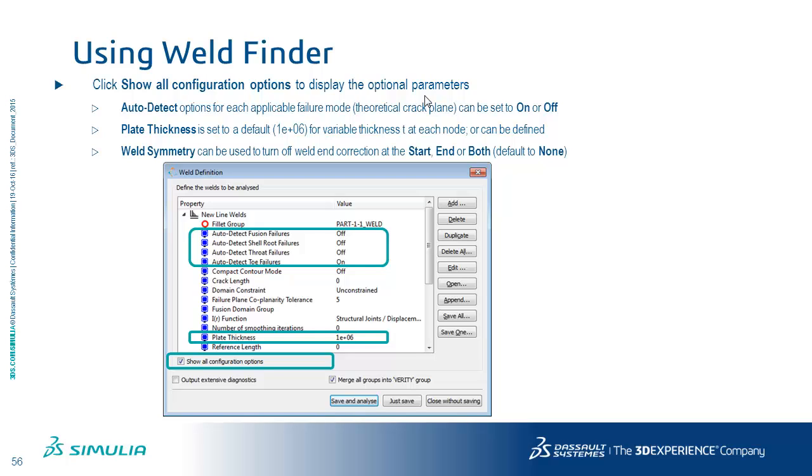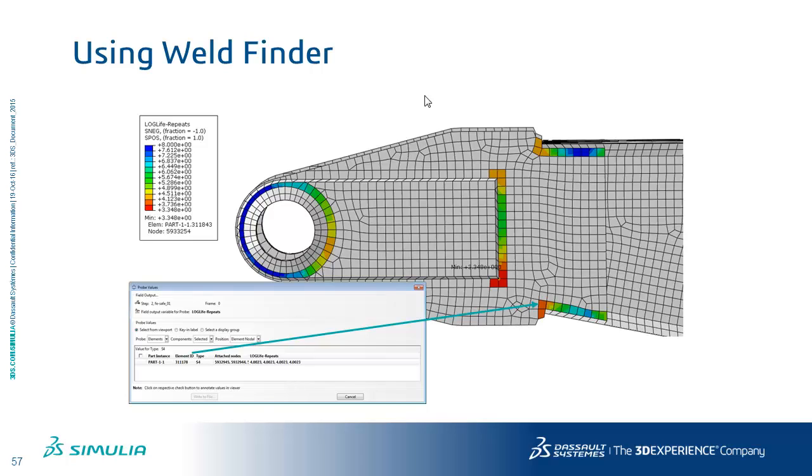You need to scroll the option list down a little bit, but it's there, believe me. Once it's all done, you can run the analysis and you can admire the results in form of a nice, colorful contour plot. In this case, we've only analyzed the toe failures. If you chose to look at throat failures, there would also be results there on the weldment, and so on.